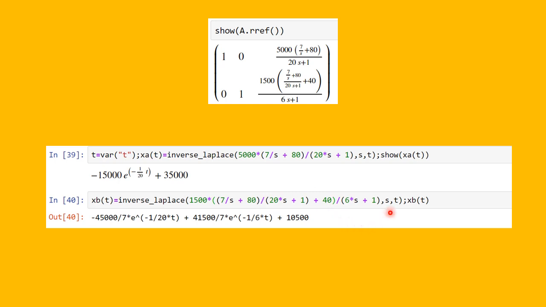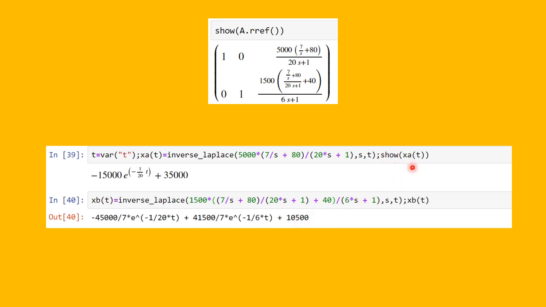This is a function of s. We want the inverse Laplace transform written as a function of t. And then we will print x sub B of t, which turns out, when we execute this cell, to be minus 45,000 divided by 7 times e to the minus 1/20th t plus 41,500 divided by 7 times e to the minus 1/6 t plus 10,500.